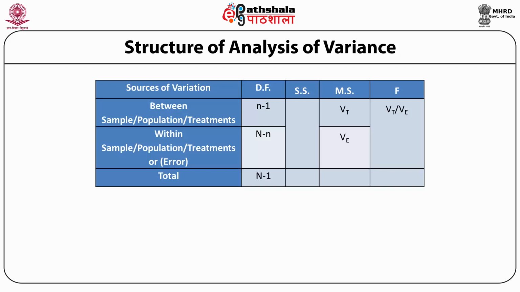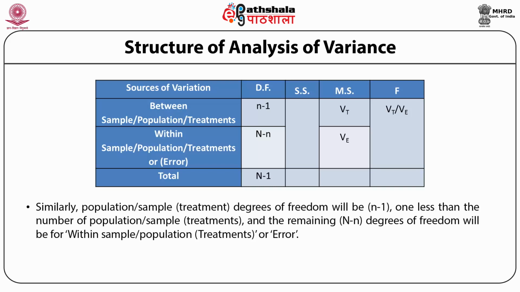Since the total number of observations is N, the total degrees of freedom will be N minus 1. Similarly, the treatment degrees of freedom will be n minus 1, one less than the number of treatments, and the remaining N minus n degrees of freedom will be for within treatments or error.